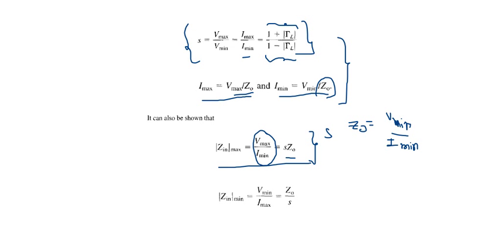So if I multiply these two parameters, standing wave ratio and characteristic impedance Z0, then I will get the ratio V max by I min, and this is nothing but the representation of input impedance of the line itself at a respective point.